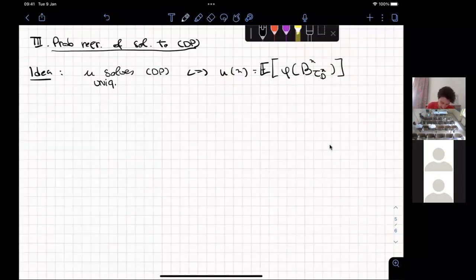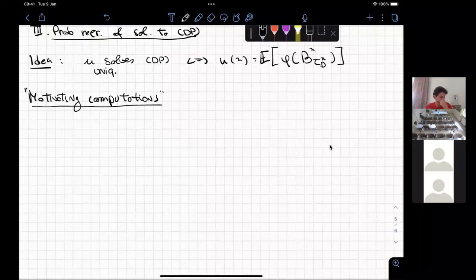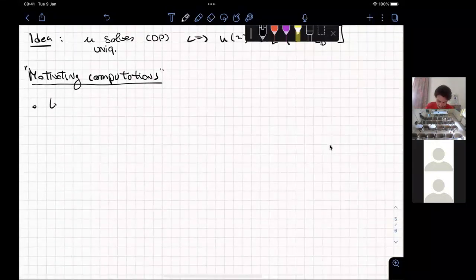So, motivating computation. Let's assume that U is a solution of the Dirichlet problem. We don't know if there exists any, but let's say, okay, if there is any, let's take it.